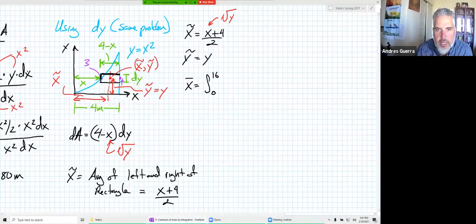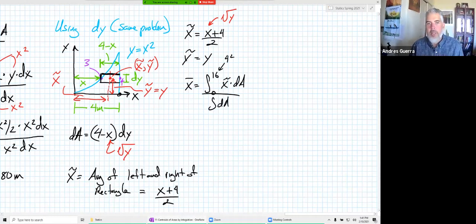As we're integrating to 16, that's a 4 squared, because we know the x value is 4. And then it would be an x tilde times a dA divided by the integral of dA. So I'm gonna stop right there, because we found everything that we need to plug into our equations.